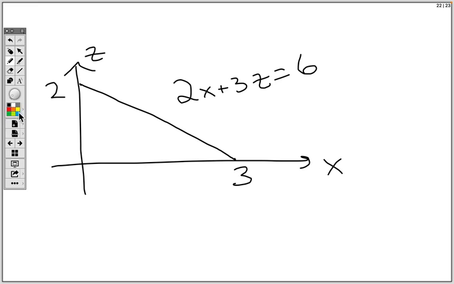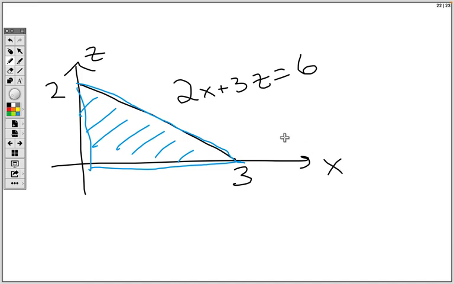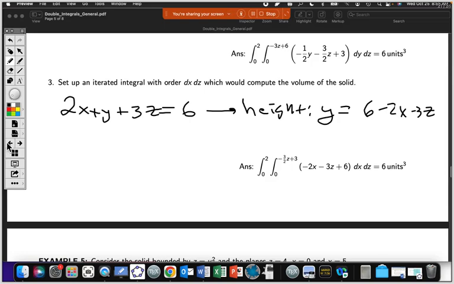Going through the usual analysis, we're going to pick up x equals 0, z equals 0, and 2x plus 3z less than or equal to 6. There's our triangle, which we could verify on GeoGebra. What would the volume be? They want dx dz.